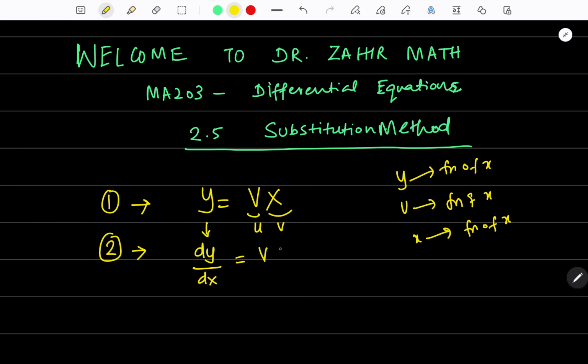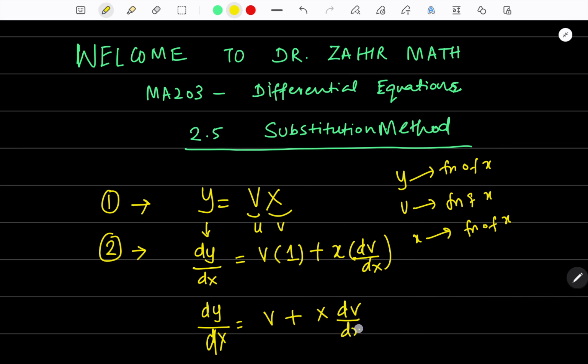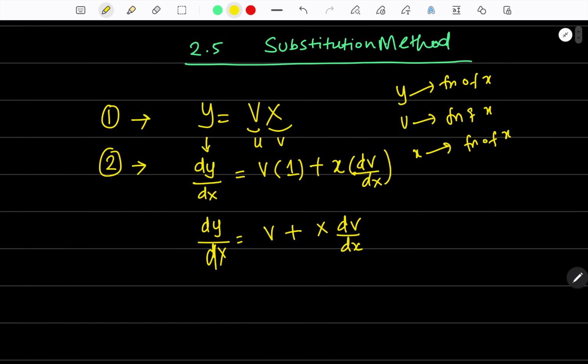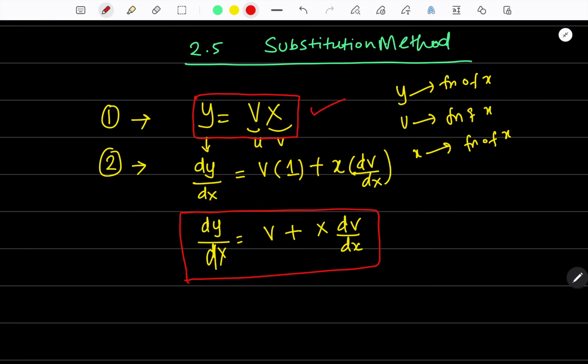Keeping v, the derivative of x is 1, and keeping x, the derivative of v is dv divided by dx. So your dy by dx is equal to v plus x dv by dx. In the equation, you're going to put y equal to vx and dy by dx equal to v plus x dv by dx.